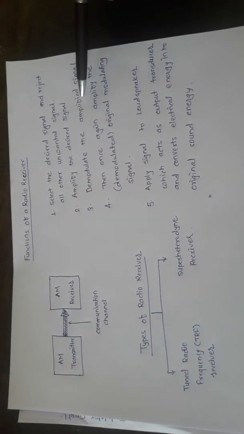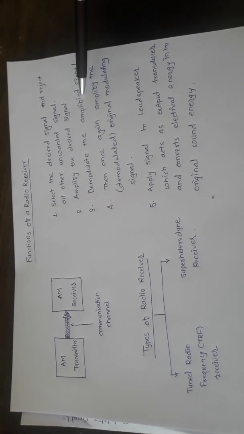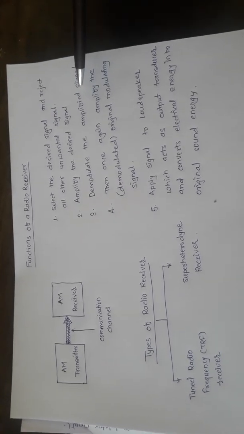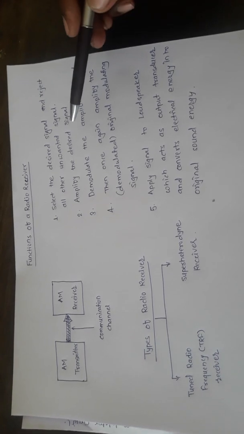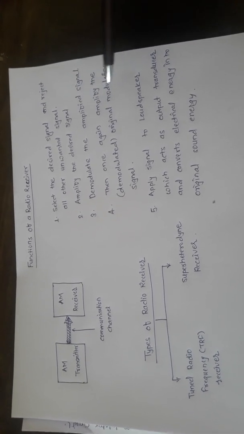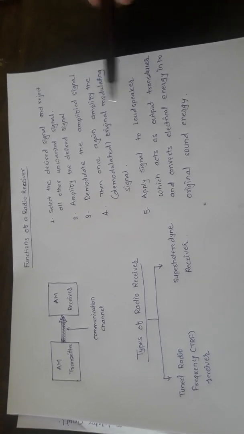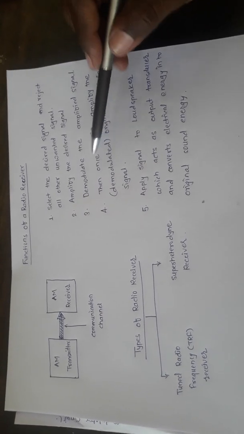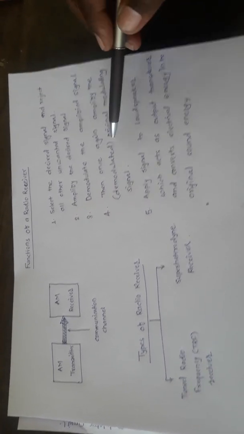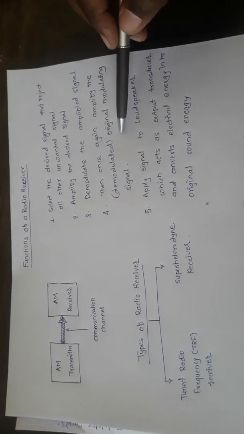After demodulating, the carrier and the modulating signal get separated. Then that demodulated original modulating signal has to be amplified once again. So in the fourth step, we amplify the demodulated original modulating signal.